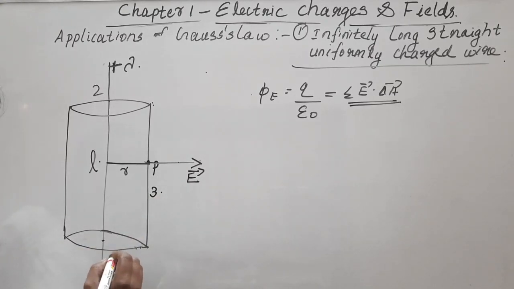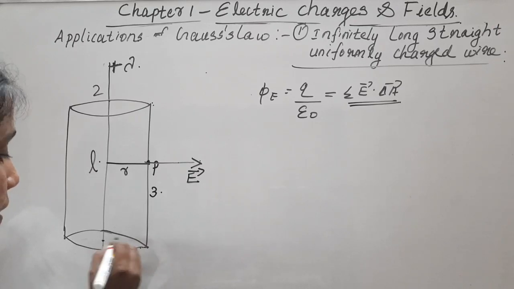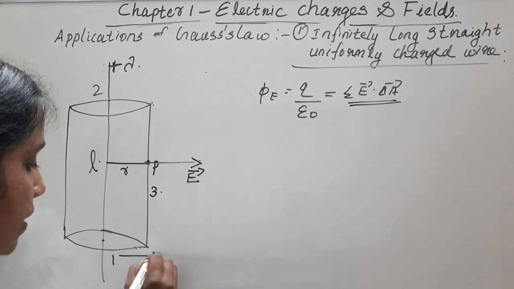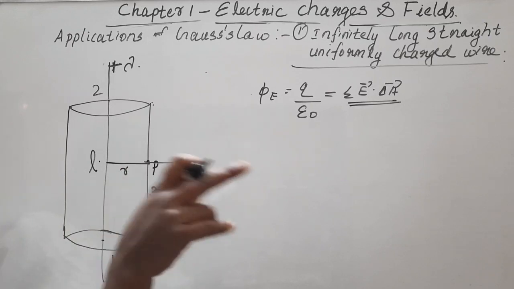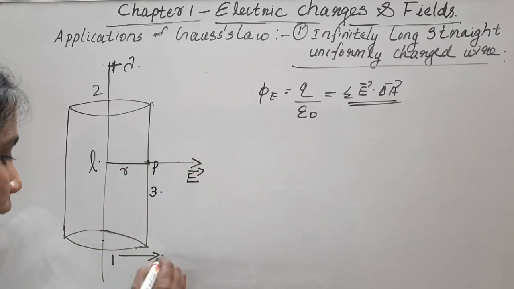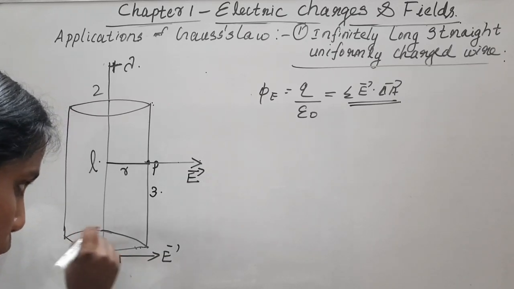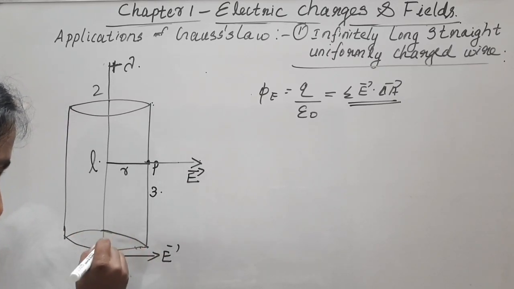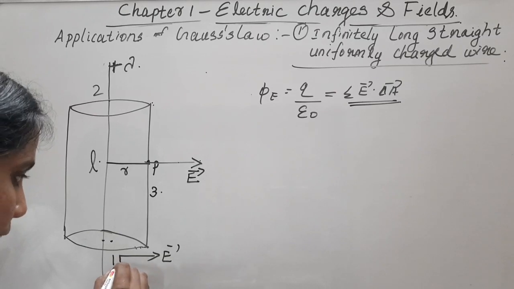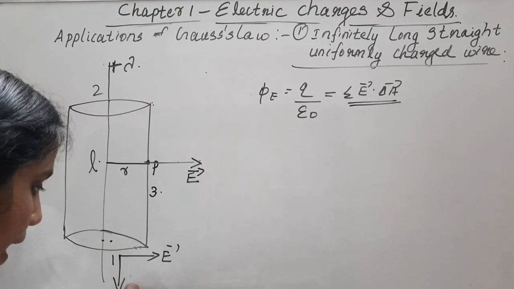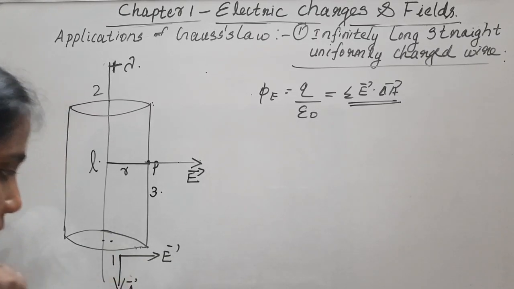Along this surface, the electric field is in this direction, that is radially outward. And here the area vector, for this surface, is outward. That means it comes like this.